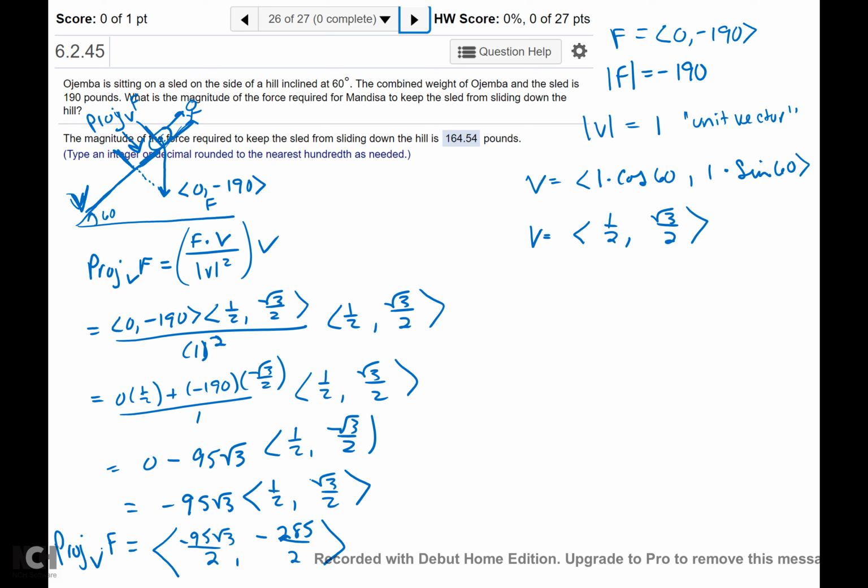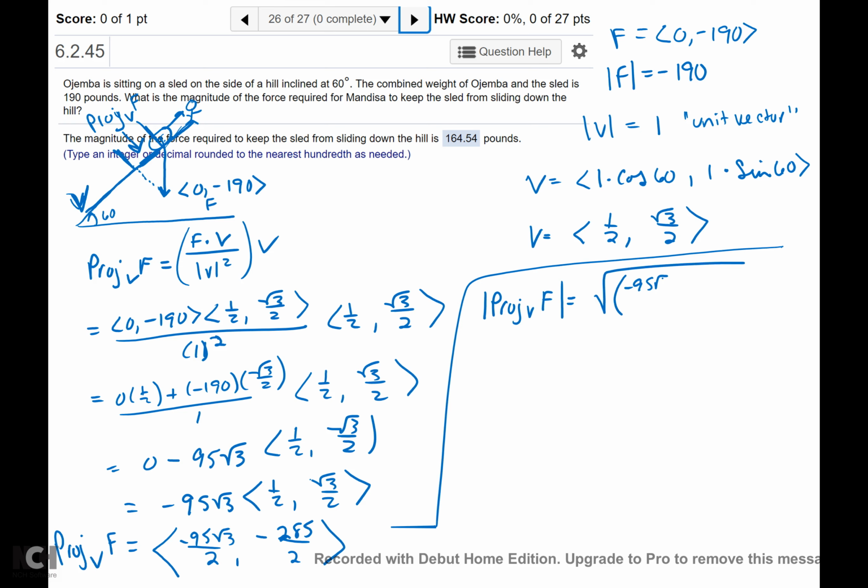Now, to figure out the magnitude of the force vector, I've got to find the magnitude of the projection of F onto V, which will be the square root of negative 95 square roots of 3 over 2 squared plus negative 285 over 2 squared.